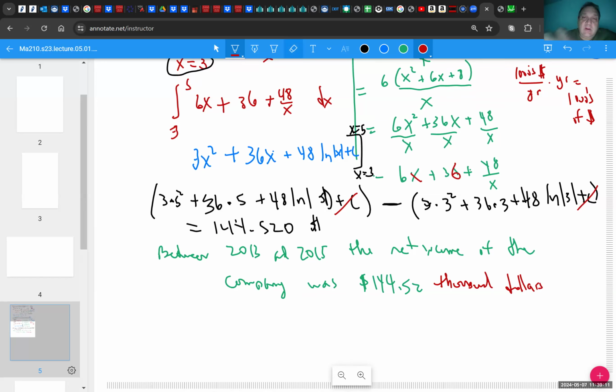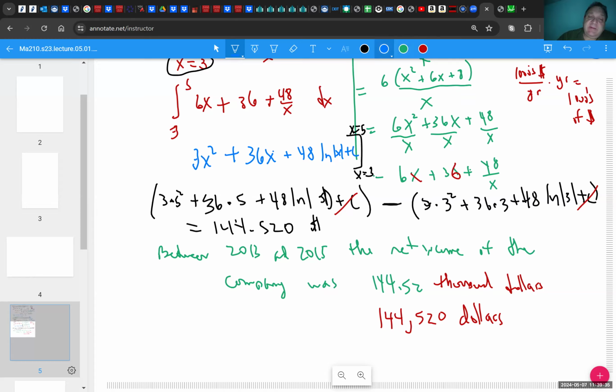So we can write this in a normal way. 144.52 thousand dollars is not a typical way to write it. We would write it with 144 comma 520. That's $144,520.